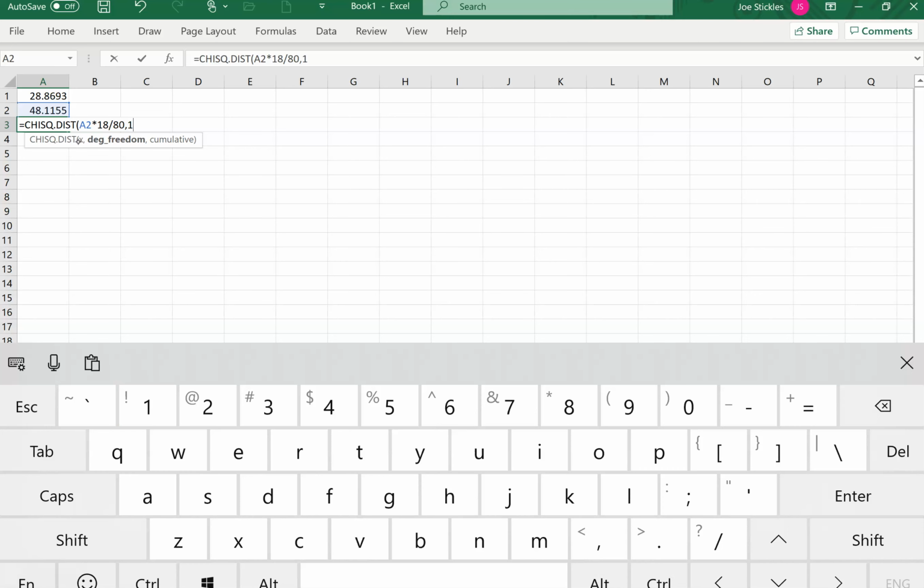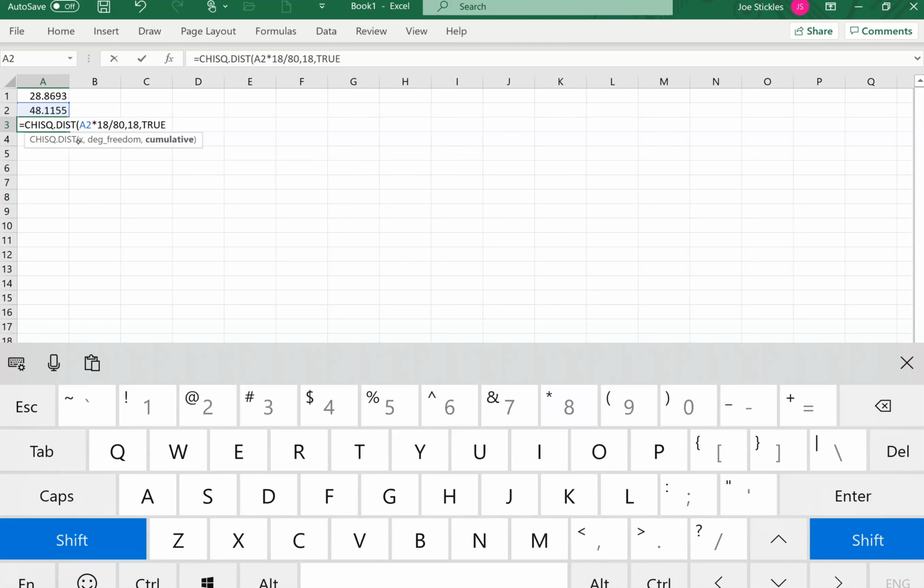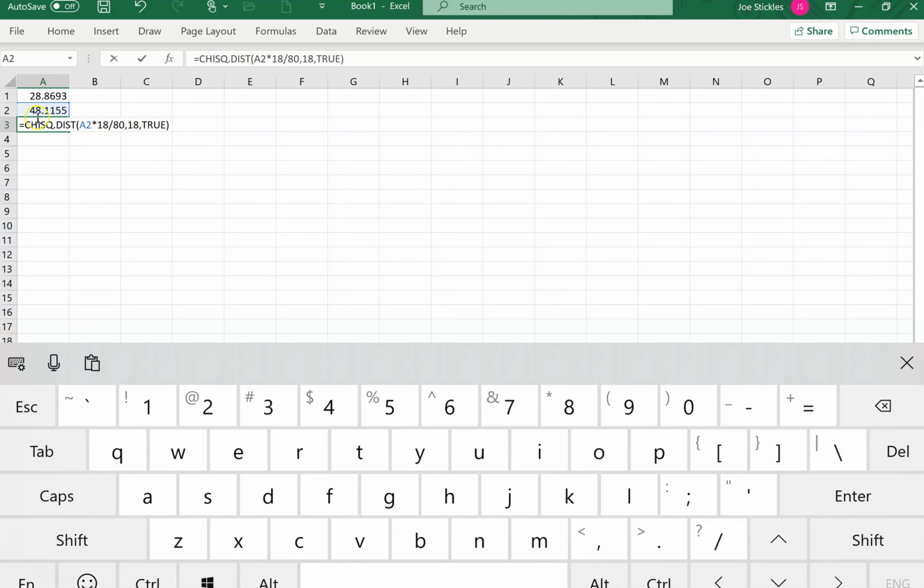The degrees of freedom, again, was 18. So again here, s squared is the 48.12 that we're trying to compare to. We're transforming it to a chi-squared distribution. So that's why we're multiplying it by the degrees of freedom and dividing it by the variance. There's 18 degrees of freedom, and it's true here. And we hit enter. We get about 0.098.